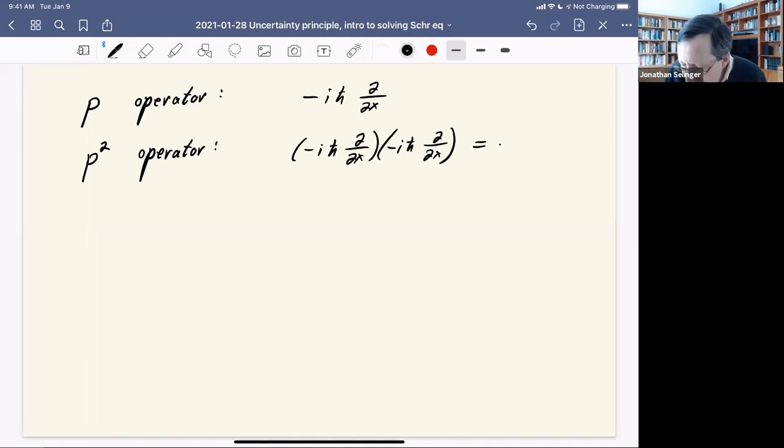So that is negative h bar squared, not over anything, times the second derivative, d2 by dx squared. Okay, so what about kinetic energy? I think I briefly mentioned that in the last class.